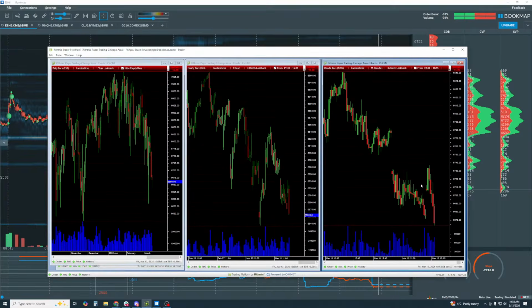And now we're seeing this really strong. Yeah, I like it. See, we got a bit of a wick on the daily.